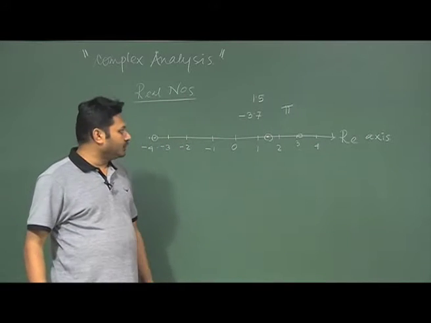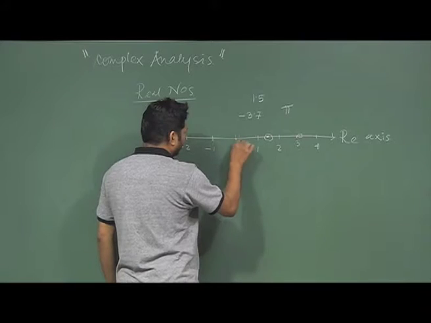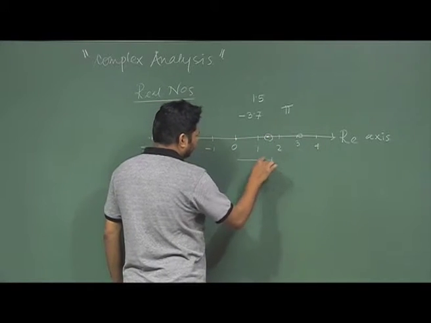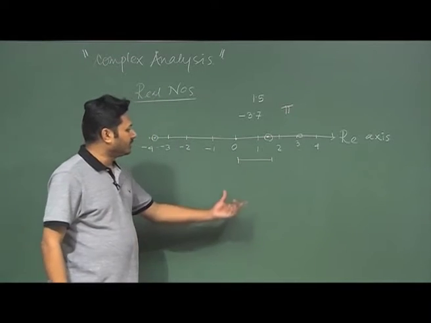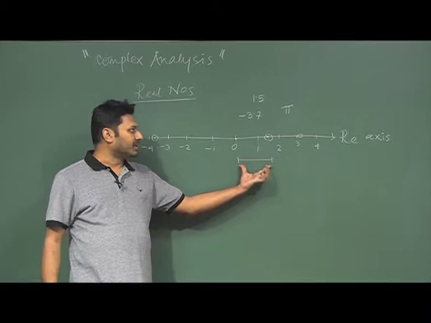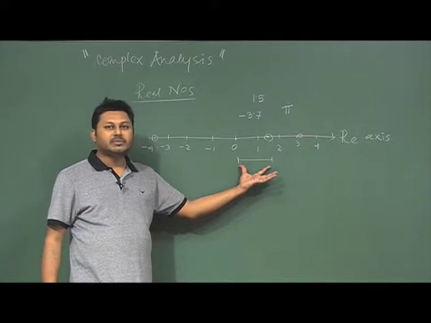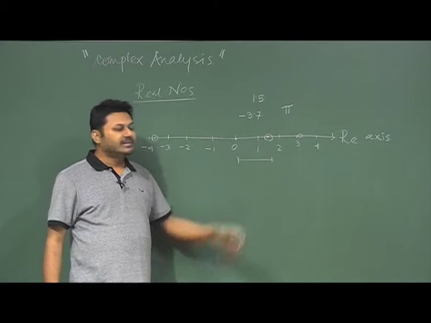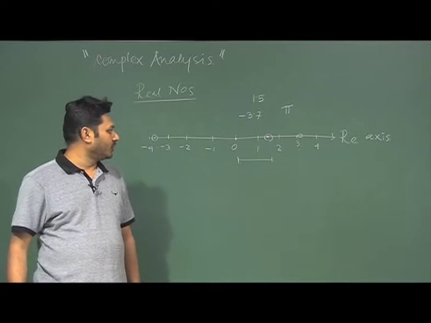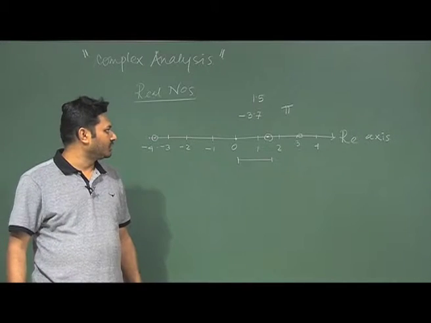And the magnitude of that number is defined by the distance from here to here. If I say it is 1.5, this length gives you the idea of the magnitude of that number. Since this is a real number, we do not need to mention anything separately about the magnitude. The number itself is sufficient to define its magnitude.